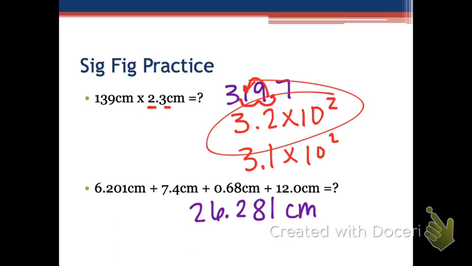Either 2 or 4, right? They both have 1 decimal place. So how do I get my answer to be 1 decimal place? 26.3 centimeters. That's my final answer. Very good. Questions with math on sig figs?